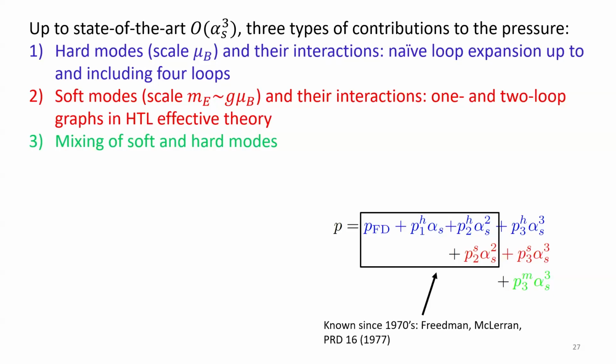Now, the first three orders of this weak coupling expansion have been known for almost 50 years. So they're actually older than I am. They were computed by Freedman and McLerran in 1977, and this was quite a heroic calculation. For instance, when I was doing my PhD research, one of the things I needed to do was to redo the calculation, go through it, and I noticed that at that time, in the late 70s, the numerics were so underdeveloped that they were only able to compute even some one-dimensional, very elementary integrals to something like 2 significant digits.